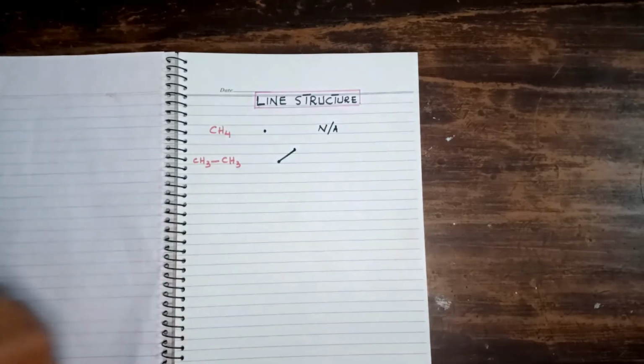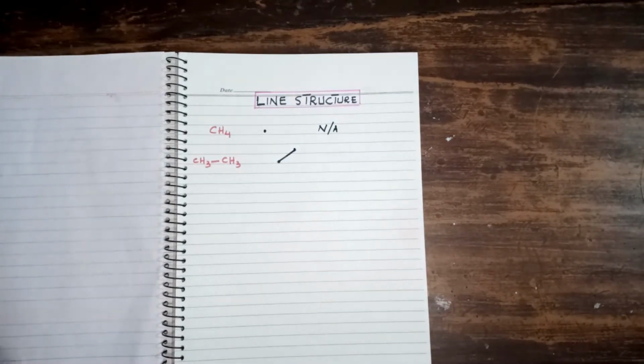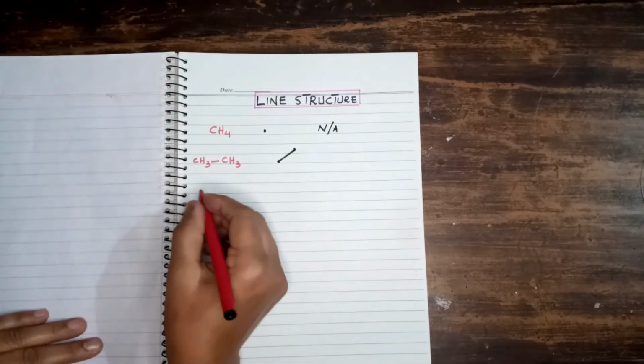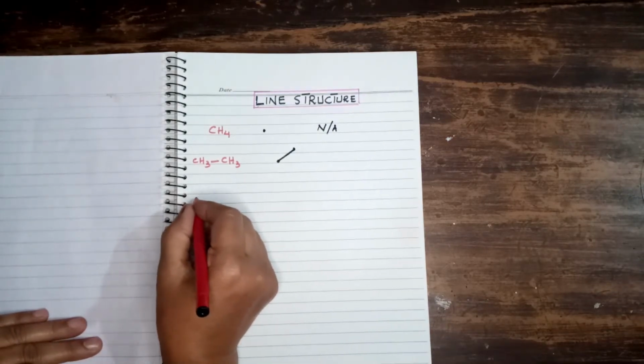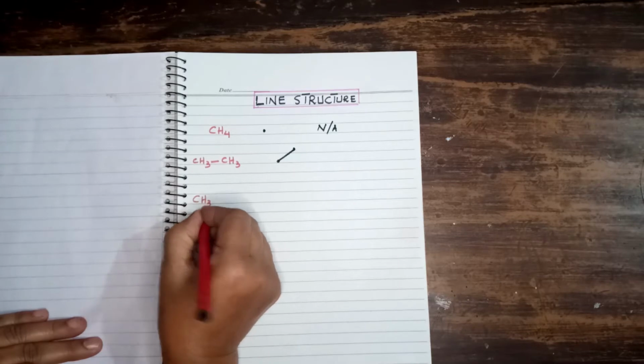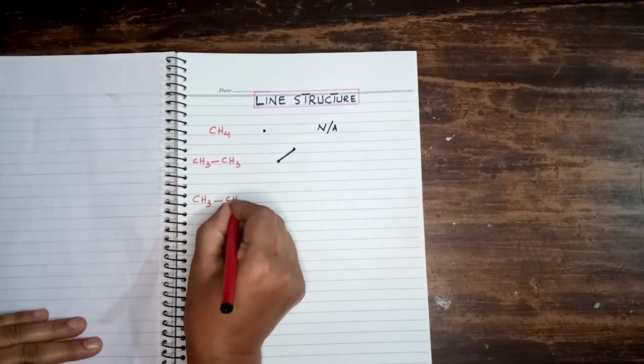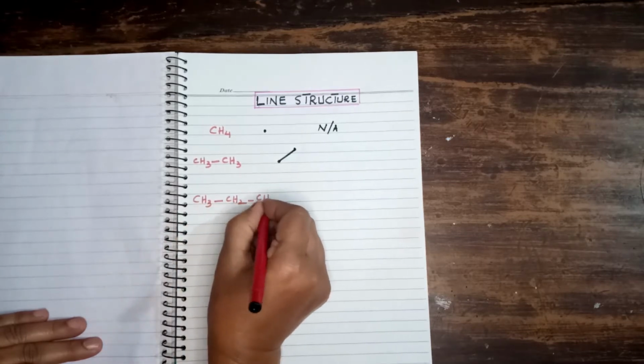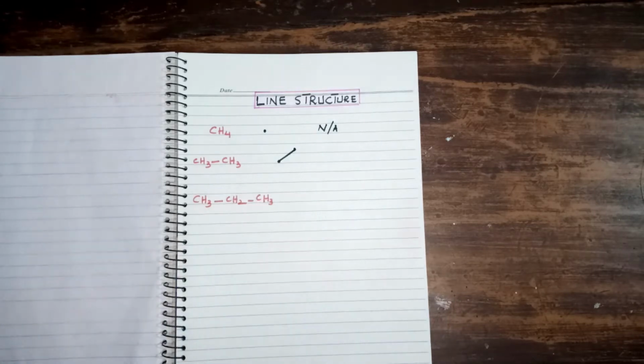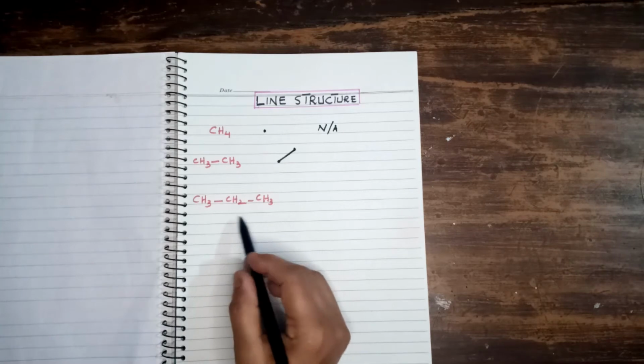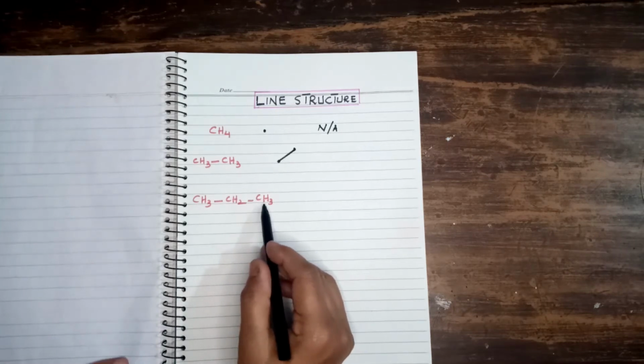Now coming to the third hydrocarbon. For example, if you have a molecule like CH3, CH2, CH3, that is propane. How can we draw the line structure for the propane molecule?